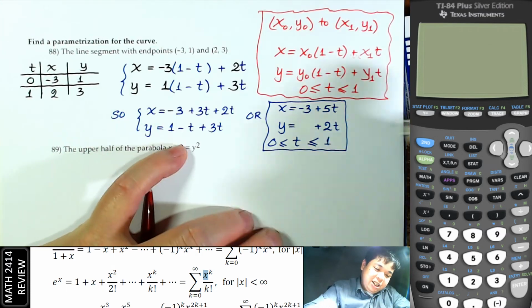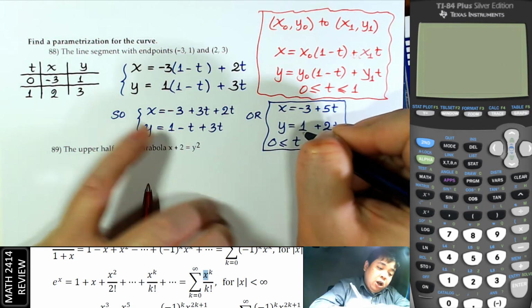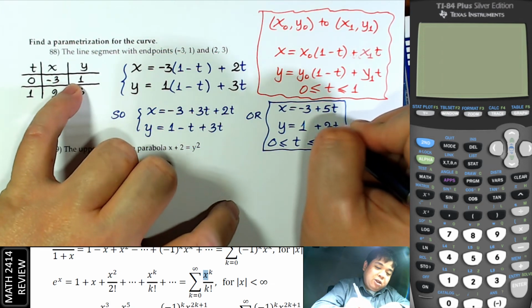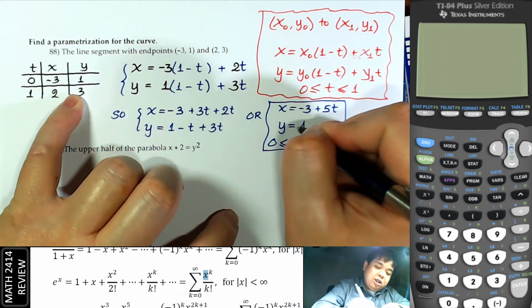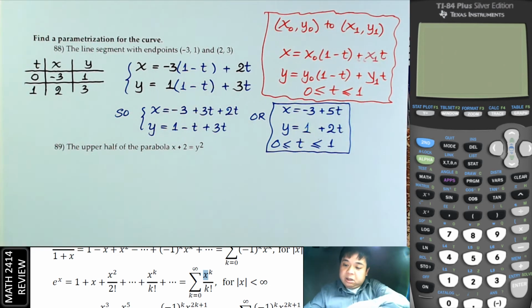Glad I checked. This should be 1. We start from 1, and then when t reaches 1, we have 2 more, so 1 plus 2 is 3, so that's correct. Right, so this is parameterization of a line segment.